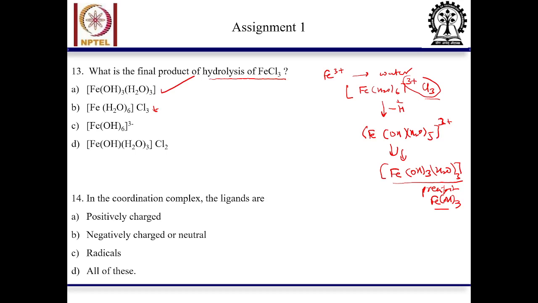Yeah, okay, this is a debatable question. In coordination complexes, the ligands are all of these.